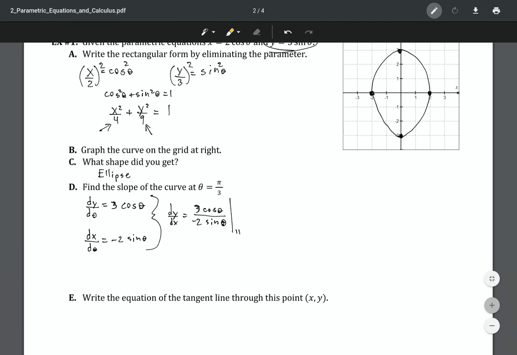I guess I could have written that as cotangent, but I think it would be easier if I write it like that. All right, so this is the same thing as 3 cosine of pi over 3 over negative 2 sine of pi over 3. This is 1/2.